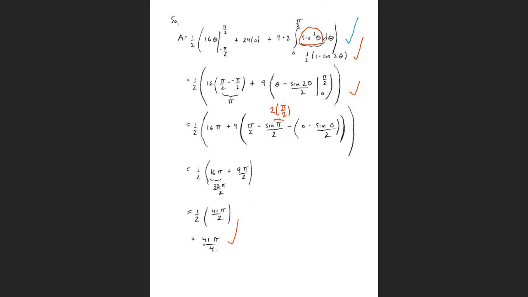And 0 is just because you have 2 times 0, when you do the 2 theta part. Is there anything difficult about this? Do you have any questions?